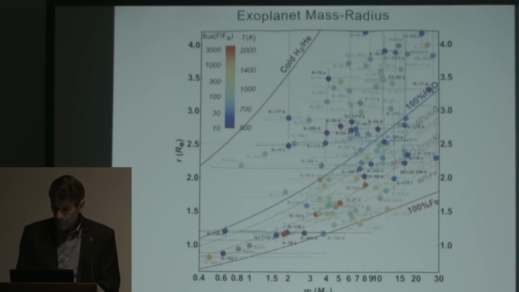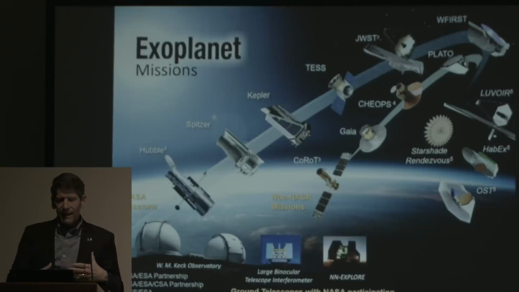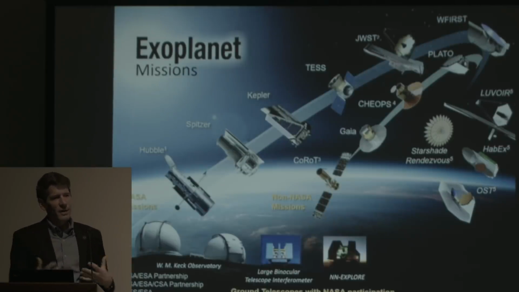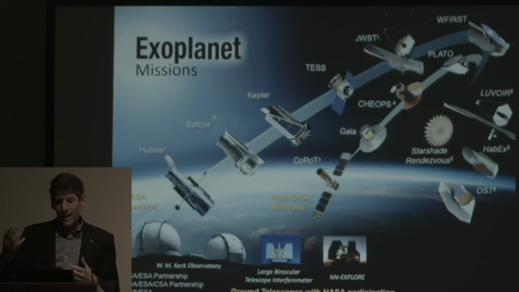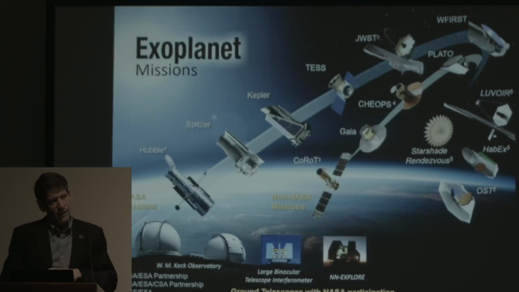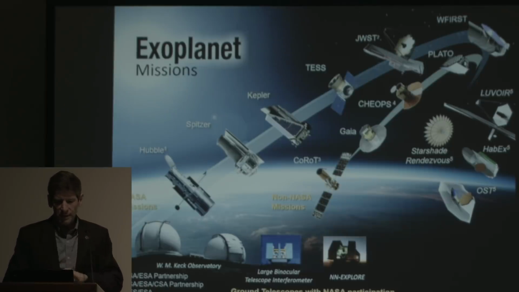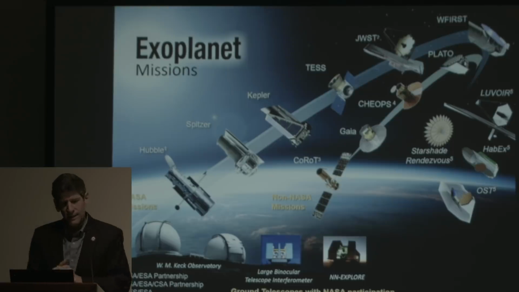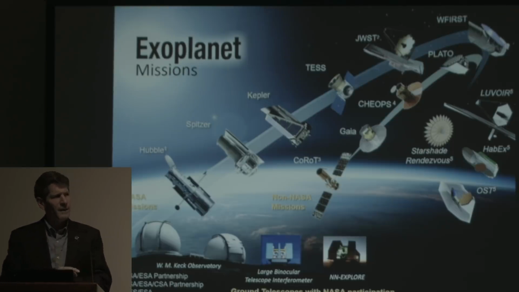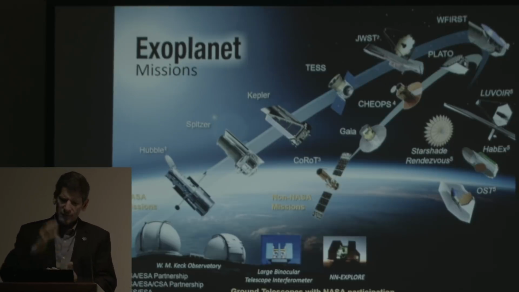So this is our arc of missions right now, or our roadmap, if you will, of NASA's objectives for exoplanet exploration. So the upper arc, you can see the Great Observatory. So you have Hubble, which has been a phenomenal instrument. You can see Spitzer looking in the infrared.